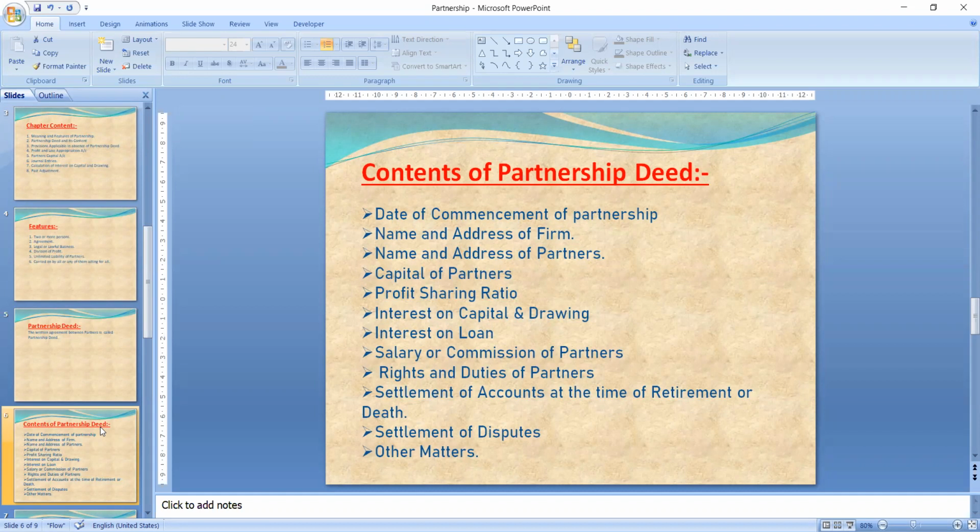Let's say A has introduced 5 lakh in business, and B has introduced 3 lakh. After 1 year, B claims that he has invested 4 lakh and A has also invested 4 lakh.